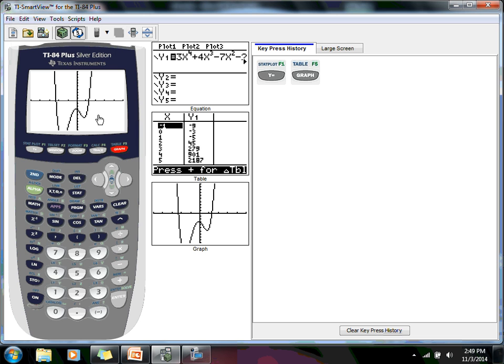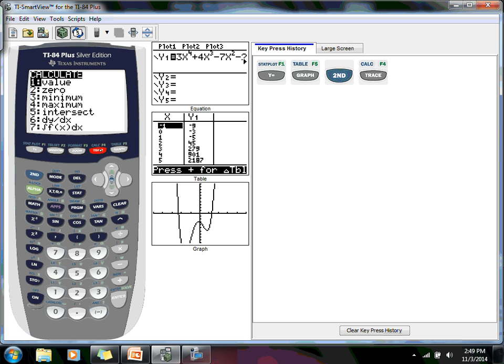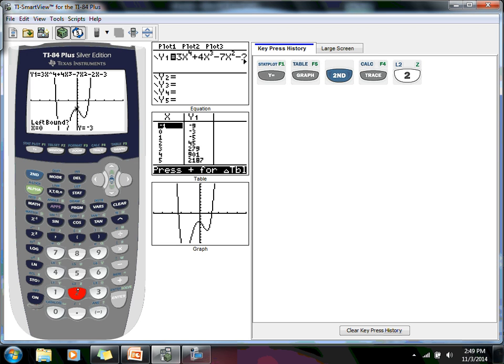Okay? Now, your calculator will find the actual zeros for you. You could trace on the calculator if you wanted to, but that might not get you the exact value. So if you do second calc, and then you do number 2, which is your zero, you do have to put the cursor to the left and then to the right of where you think that zero is going to be.